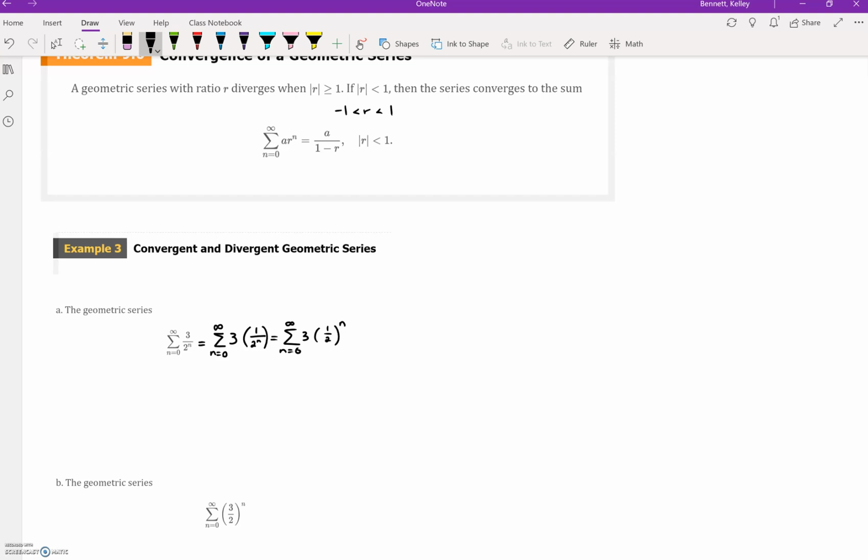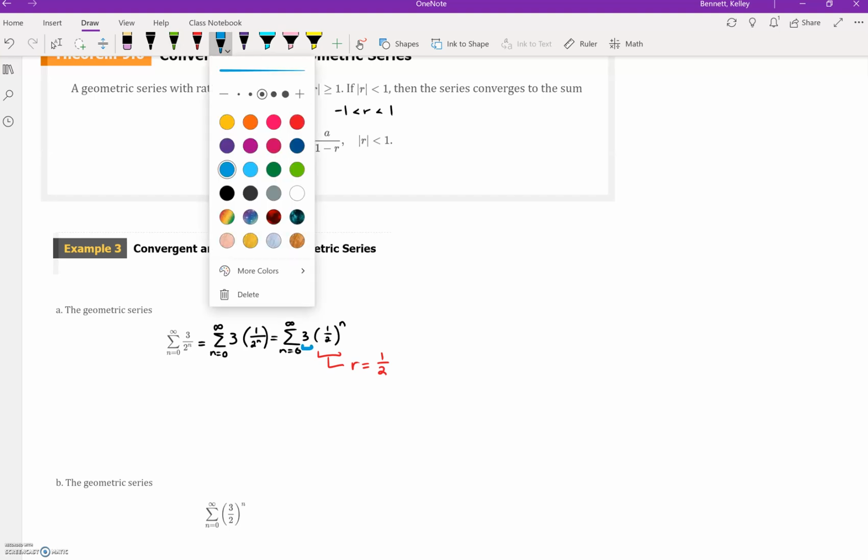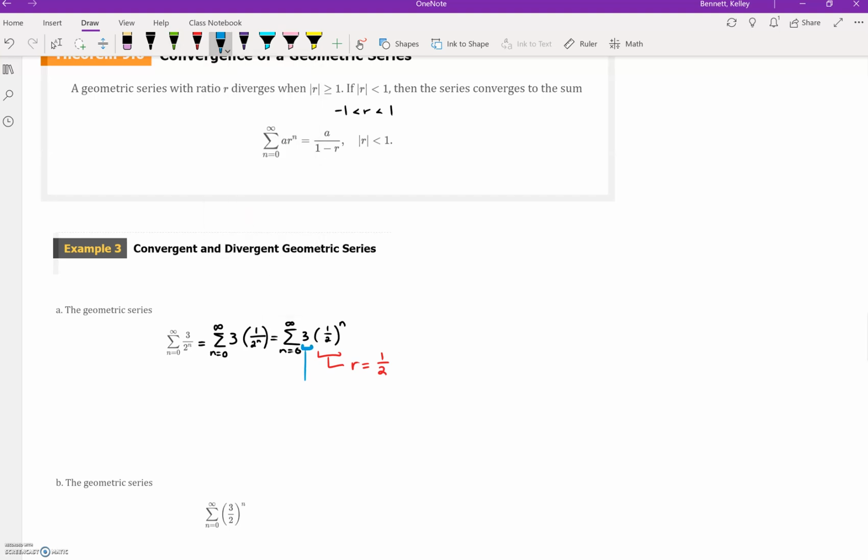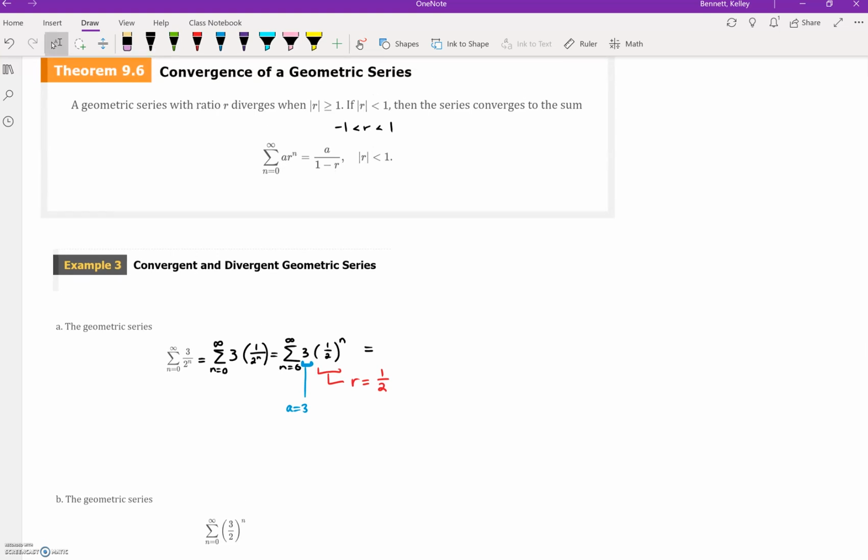And the reason I can pull that n out is because the 1 on top doesn't grow exponentially. It'll just always be 1. So here what we're going to see is that r equals 1/2 and a equals 3.